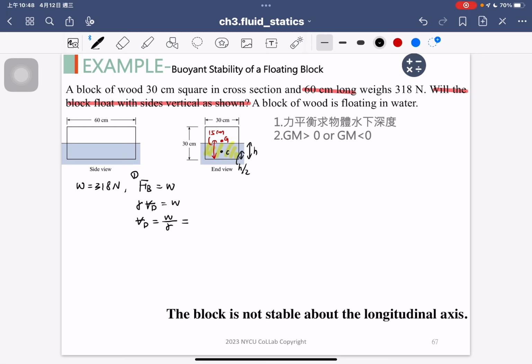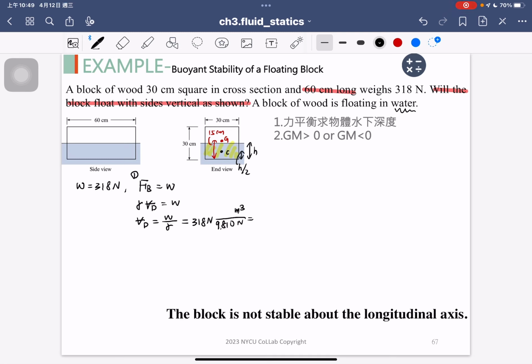The W here is 318 Newton, divided by the gamma, which right now is water, so we know it is 9810 Newton per cubic meter. Okay, so we can compute the displaced volume we have.